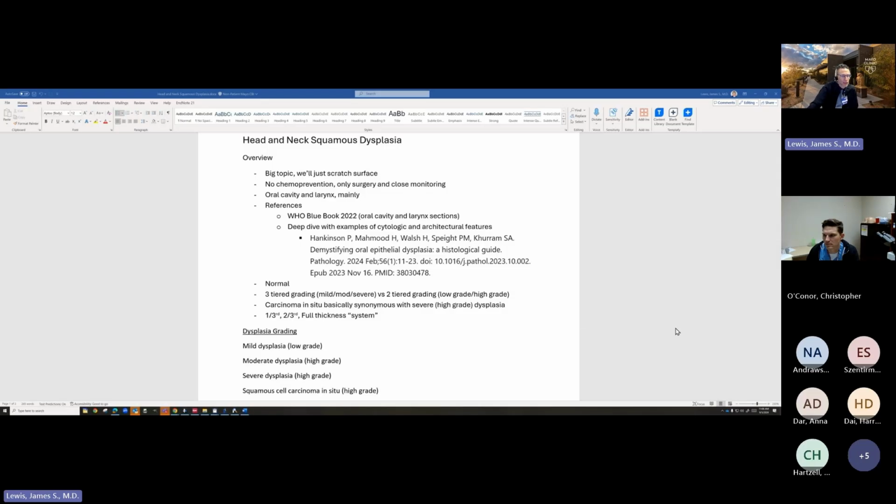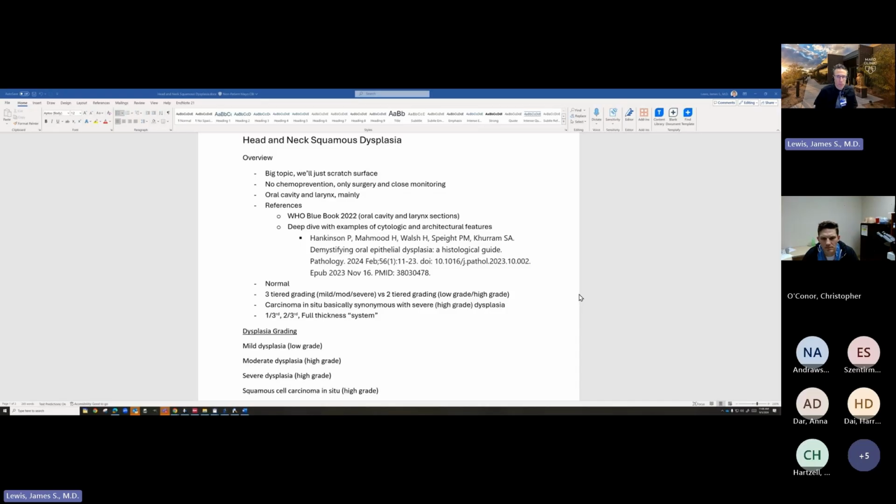I'm a three-tiered guy. I always have been. There's a big push to simplify it into two tiers, low grade and high grade, and this has gotten bounced around over the years. The more recent WHO Blue Book version allows for both systems. I'm torn about it because there's this intermediate category between mild and severe that frankly is hard to predict how it's going to do and what the risk of progression is.